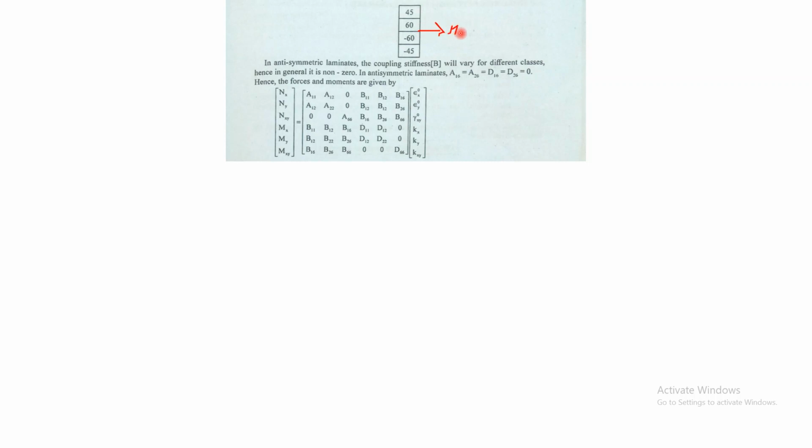If I call this x, then by using symmetric conditions, the sign convention of the angle should be the same when you go for the top layers and the bottom layers. But here the angle sign conventions are changed. Since the angle sign conventions are changed, we are going to call it an anti-symmetric laminate. Otherwise, we can call that a symmetric laminate.